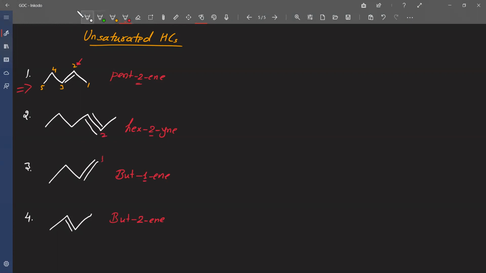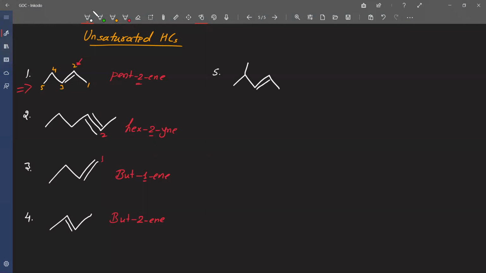Okay, let's increase the complexity a little bit. A few more examples. What do you think this is? 1, 2, 3, 4, 5, 1, 2, 3.